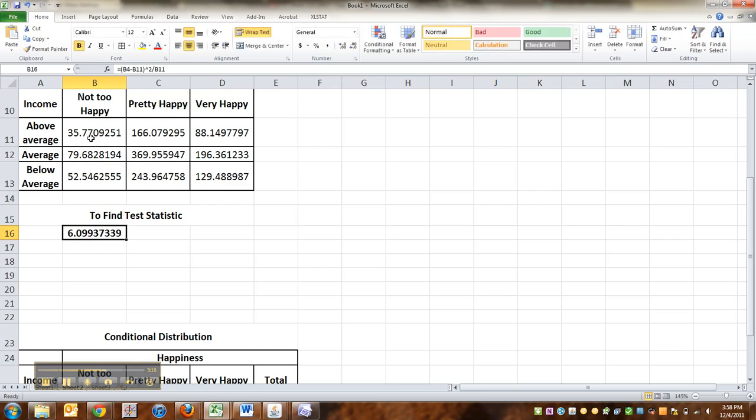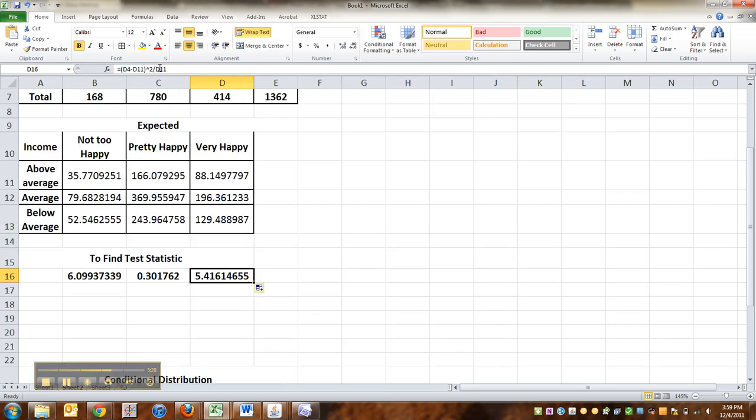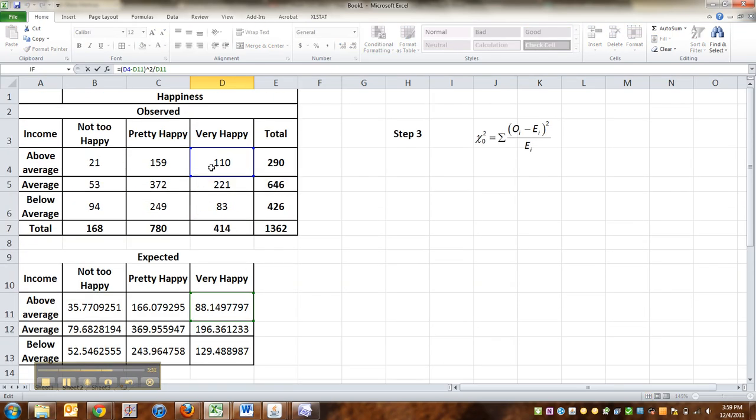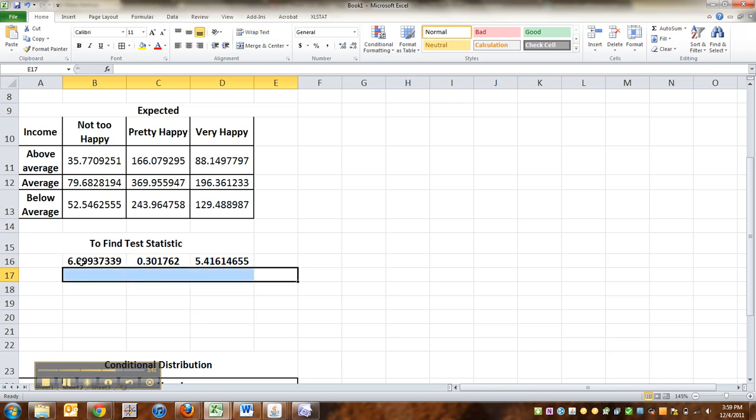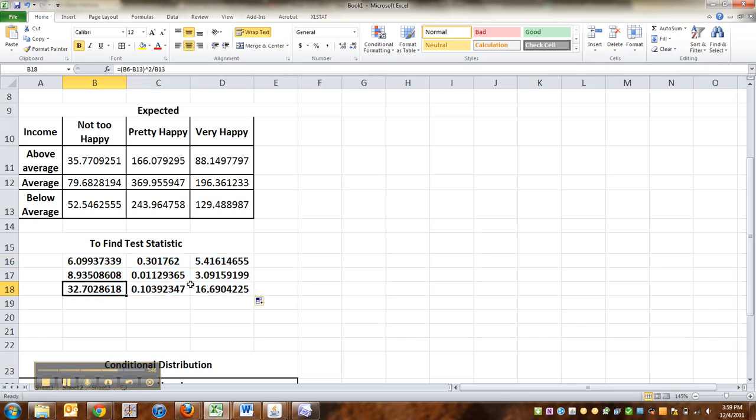Enter. And just for the record, notice that none of our expected values are lower than 5, right? Which is good. Now I'm just going to drag this over, and it'll fill in all the rest of them. So for example, look, it did 110, take away 88, squared it, and divided by 88. All right, then I can take that row that I just filled out and drag it down the column. There we go. Okay, so now to find the test statistic, I don't really need all of this stuff. All I need is the sum of all these numbers.